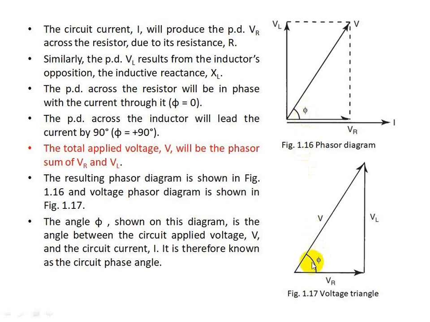Coming to the voltage triangle, only voltages are shown here. VR is the horizontal component and VL is the vertical component, and the vector addition of these two components gives the resultant voltage V, the supply voltage. Here the phase angle between voltage V and the horizontal component VR is phi. Phi is the phase angle of the circuit, whereas the power factor is cos phi.